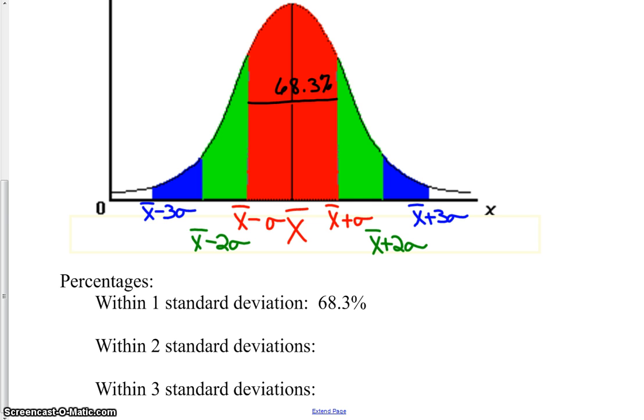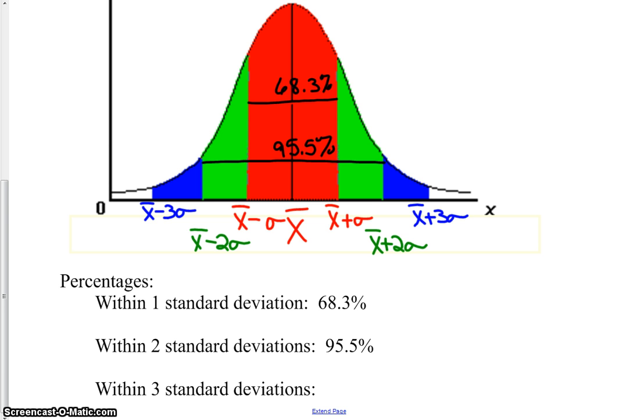Within 2 standard deviations, that number jumps to 95.5% of the data. That means going out that much farther only adds on 27-ish%.